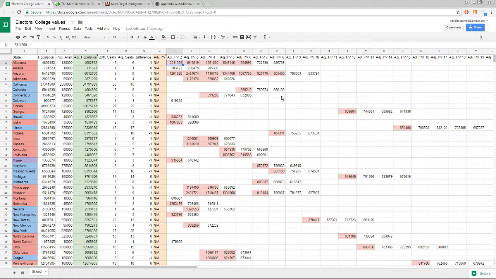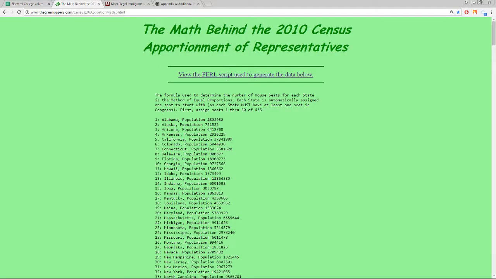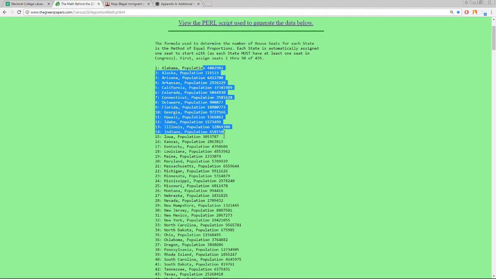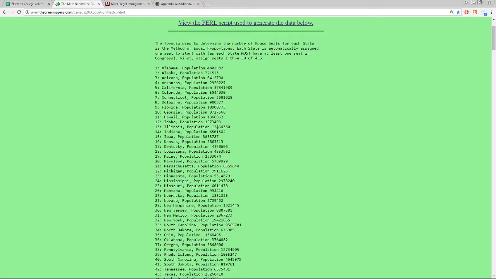That's basically what I did here, adjusting the populations for illegal immigrants, except I took some shortcuts because I knew about how many seats each state was going to have. But I'll show you where I got the numbers from. The total population I got from the Green Papers, and I double checked it with the 2010 U.S. Census, which is where the number comes from.